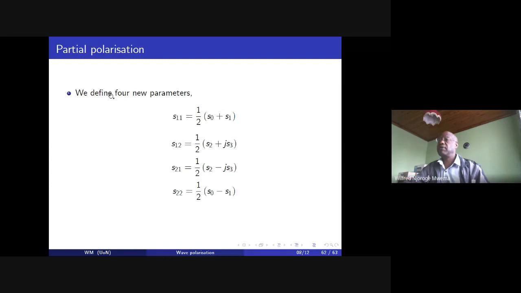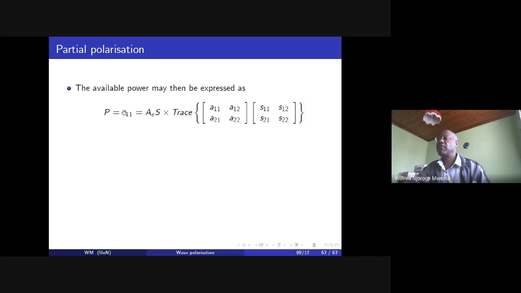So we define 4 new parameters, which are like the scattering parameters that you have in your ECT. We are going to call them S11, S12, S21, and S22, but we define them separately as that, where the S1, S2, and so forth come from the normalized Stokes parameters that we're talking about, and we make similar definitions for the antenna, that is A11, A12, A21, and A22 for the antenna.